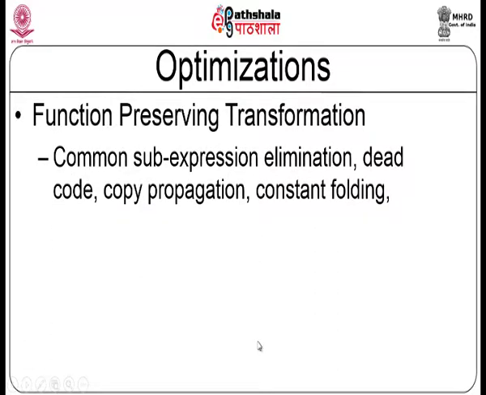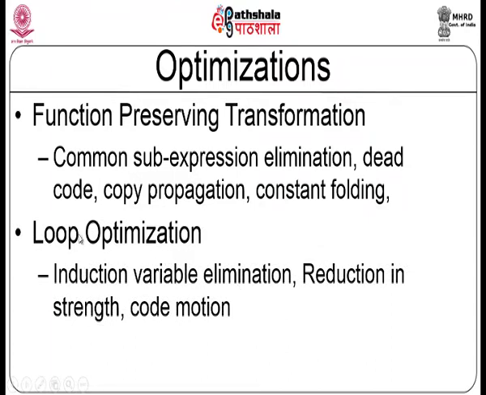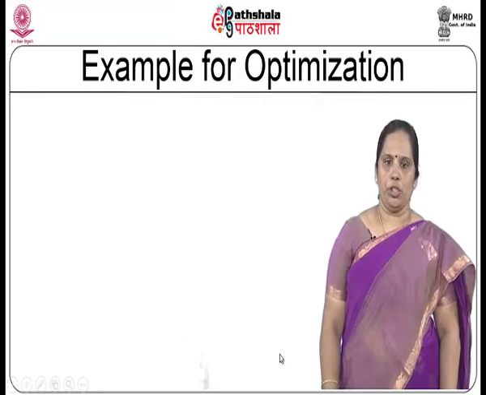Typically the intermediate optimization can have function preserving transformation, where we will do common sub-expression elimination, dead code elimination, copy propagation and constant folding. You will also do loop optimization here, where we will talk about 3 optimizations: induction variable elimination, reduction in strength and code motion.